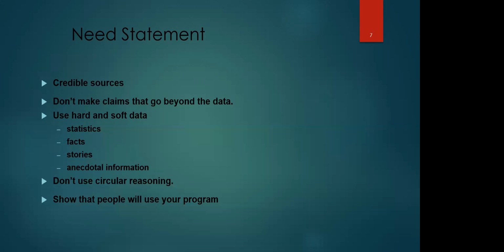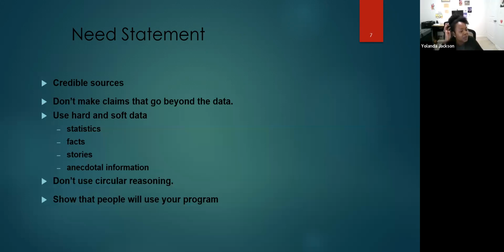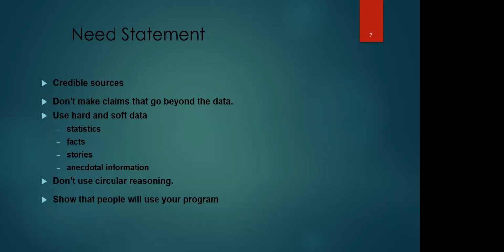Don't talk beyond the data, the facts. Don't put your own 2 cents into it. We don't really care about your 2 cents. Keep it to yourself. You want to use hard and soft data, which includes statistics, facts, stories, and anecdotal information. Hard data is what we call quantitative data.